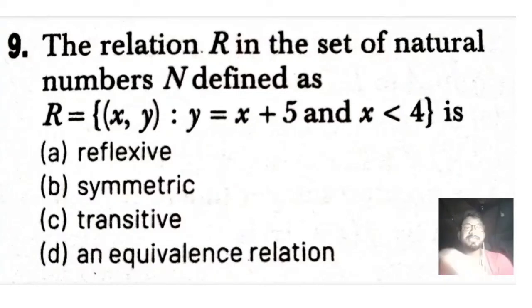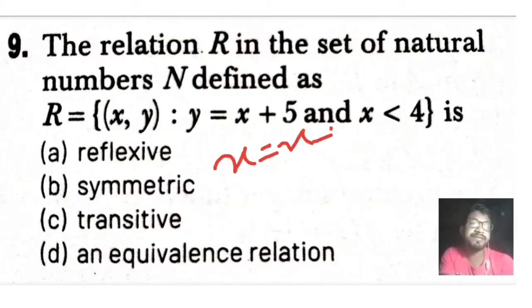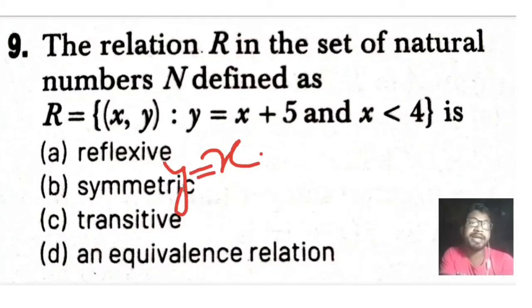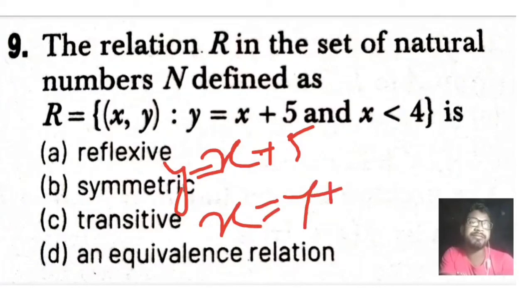At first take a point (x, x), x equal to x plus 5. It's not possible, so this relation is not reflexive. Okay, now check symmetric. y is equal to x plus 5, but we can't say x is equal to y plus 5. So again this relation is not symmetric.